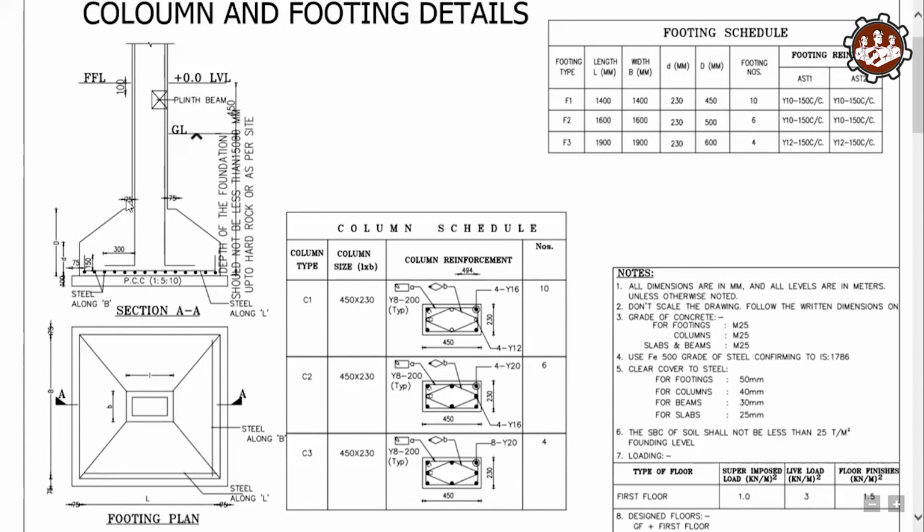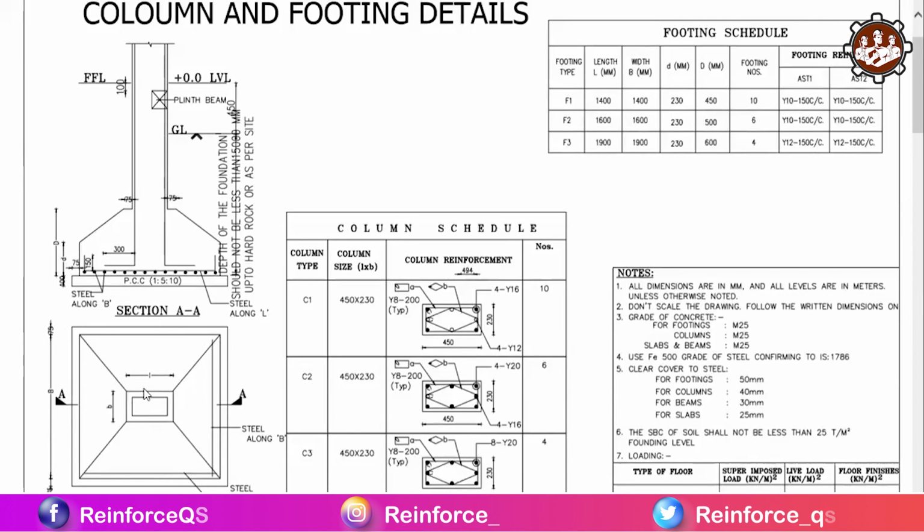With the help of this 75 mm, we find out the top length and top breadth of isolated footing. You can see here this is the bottom length of isolated footing from here to here, this is the bottom breadth from here to here, this is the top length, small l, and this is the top breadth, small b.